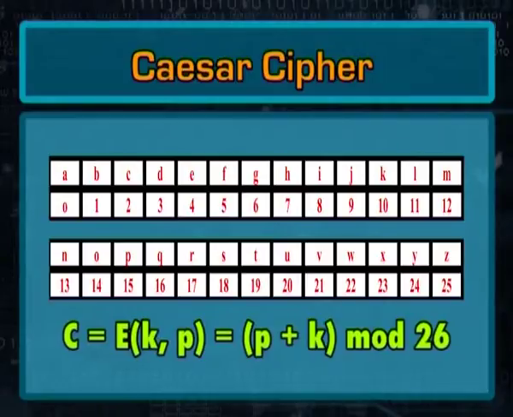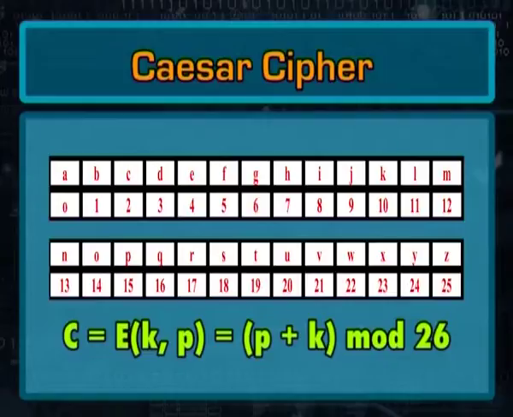A shift or the key K may be of any amount, so that the general Caesar algorithm, it means we are not taking key as 3 now, we are not going 3 places down. Now we can take key as any number. Ciphertext will be equal to (plain text plus key) mod 26, where k can be taken in the range of 1 to 25.